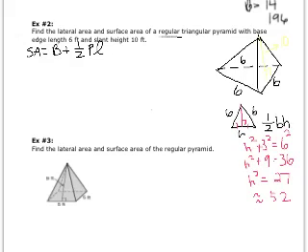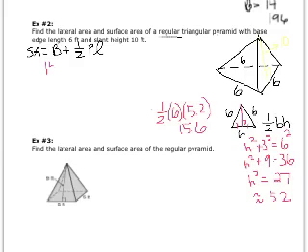Remember, I'm still working on the area of that triangle. So now I can come over here and do my 1/2. The base of my triangle is 6, and now I know my height is about 5.2. So I get 15.6 as the area of that triangle. Now I can come over here.